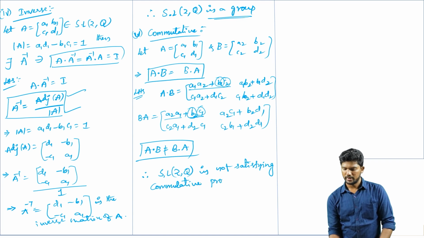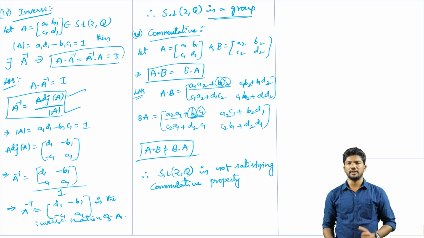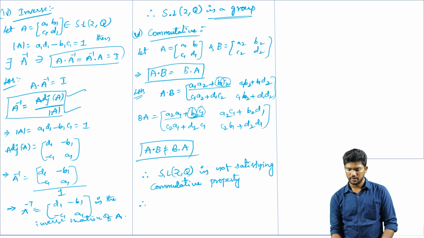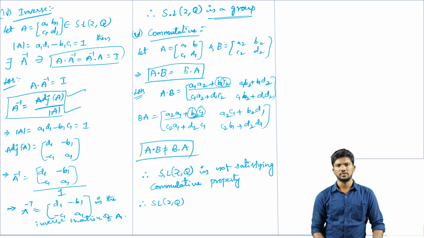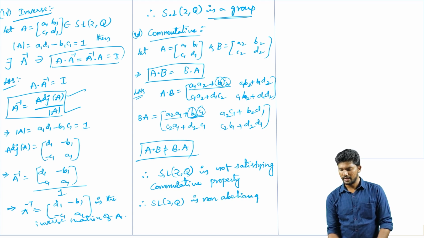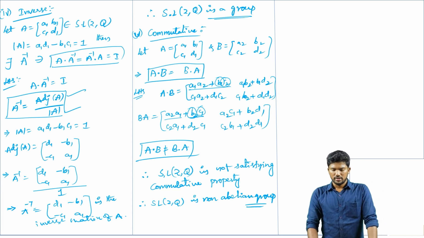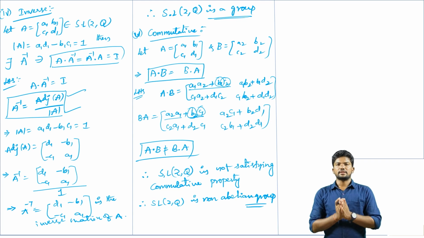If it is not satisfying the commutative property, then it will not be an abelian group. Therefore SL(2, Q), the special linear group of 2 by 2 matrices over rational numbers, is a non-abelian group. Okay, so this is the proof for the special linear group of 2 by 2 matrices with determinant 1.